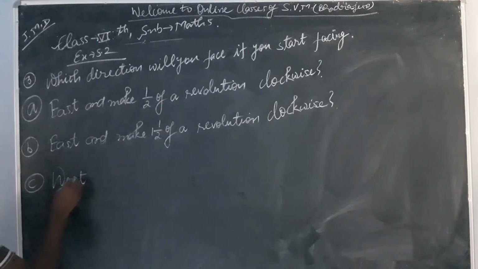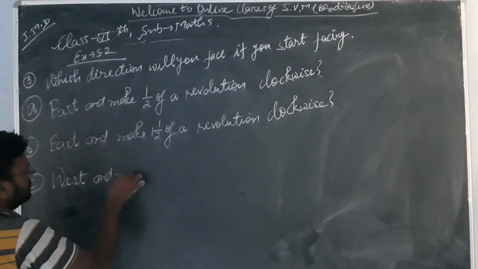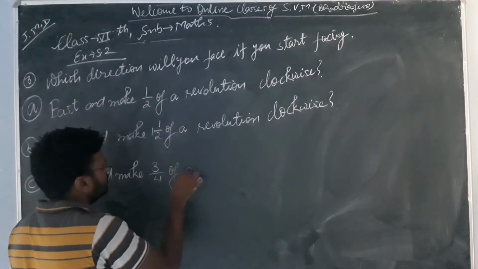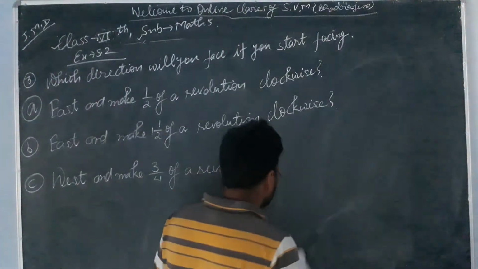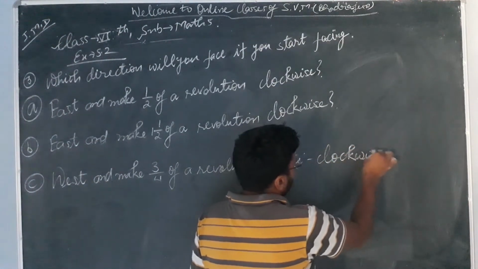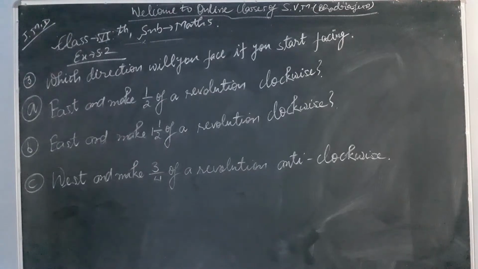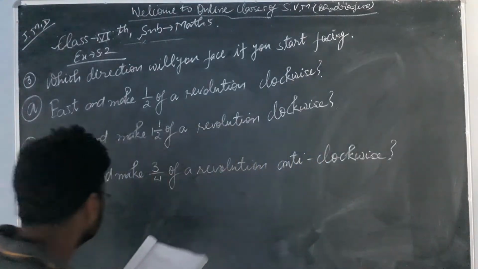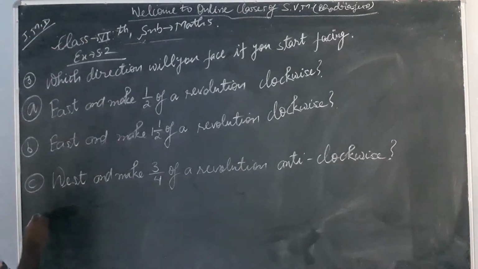West and make 3/4 of a revolution anti-clockwise. And D is what?